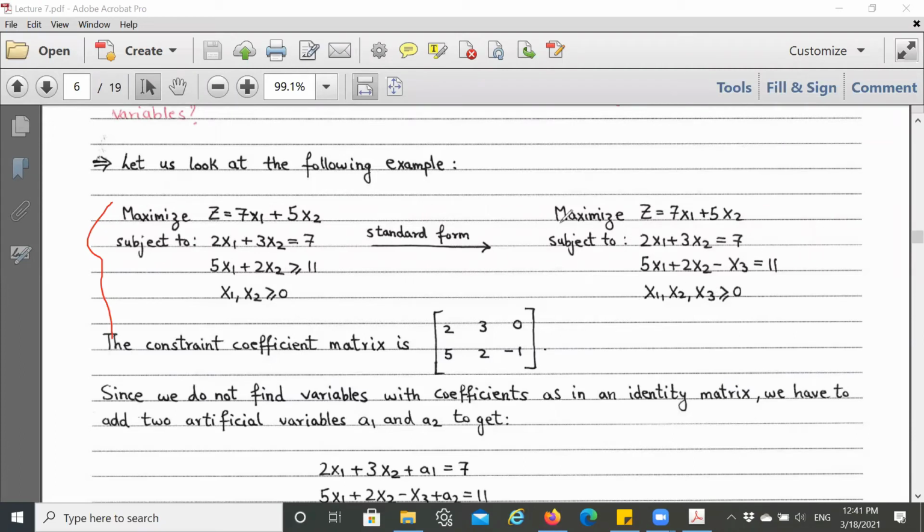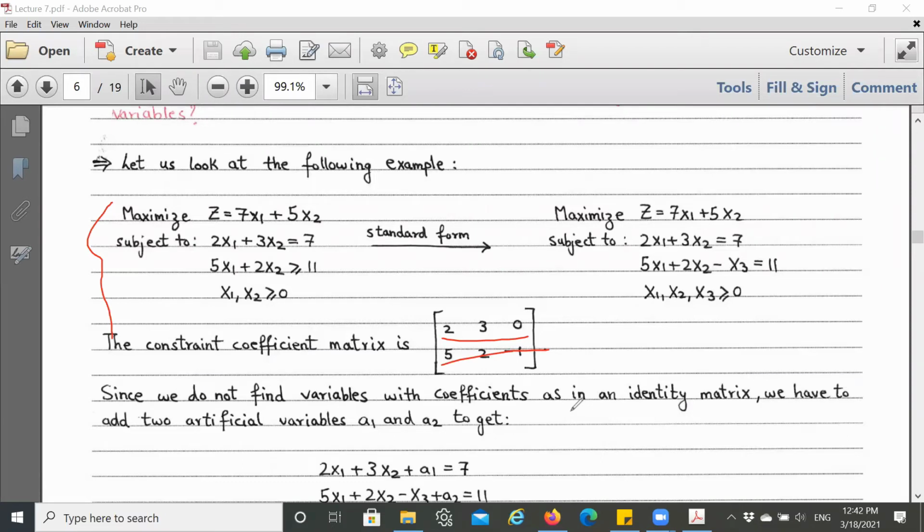This becomes equal, and this becomes equal. Now you write the coefficient matrix. Coefficient matrix means you take the coefficients of the variables in the constraints and you make the matrix. So 2, 3, and x3 is 0, 5, 2, minus 1. This is called the coefficient matrix.